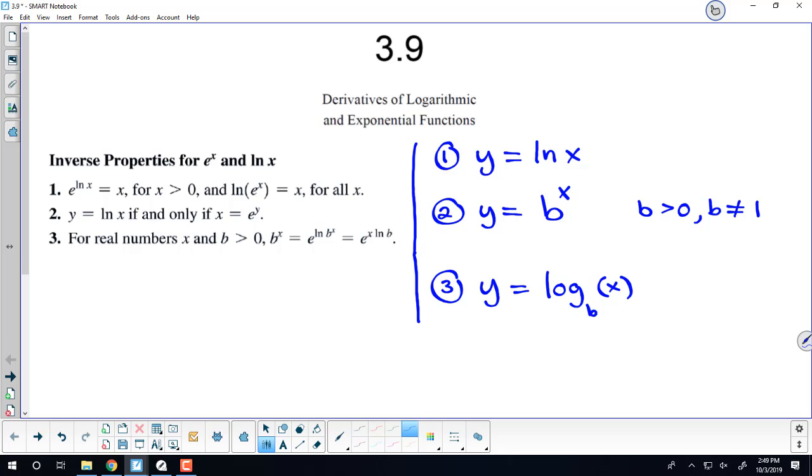So these properties of e to the x and ln, they're inverses of one another. We will utilize those properties to justify the derivatives of those three functions.